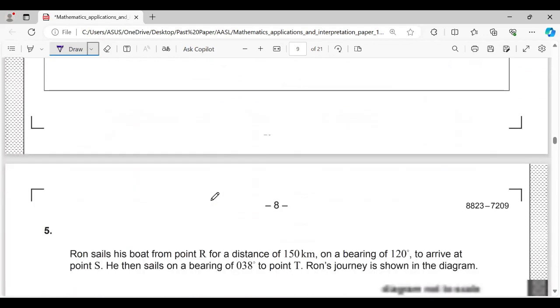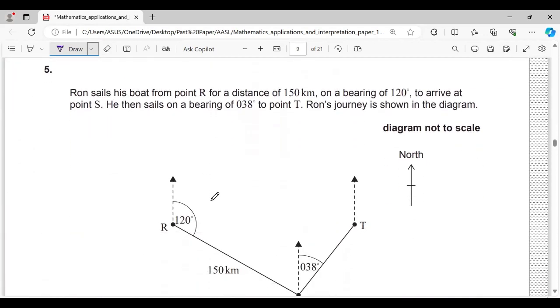Number 5. Ron sails his boat from point R for a distance of 150 kilometers on a bearing of 120 degrees to arrive at point S. He then sails on a bearing of 38 degrees to point T. Ron's journey is shown in the diagram.